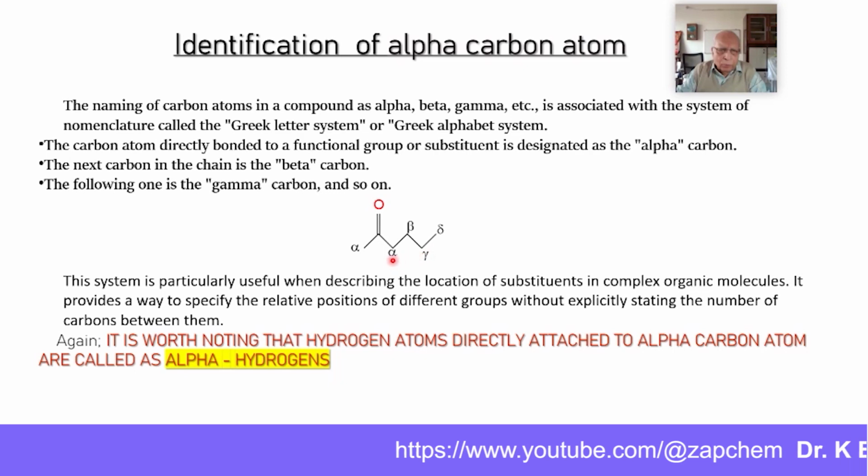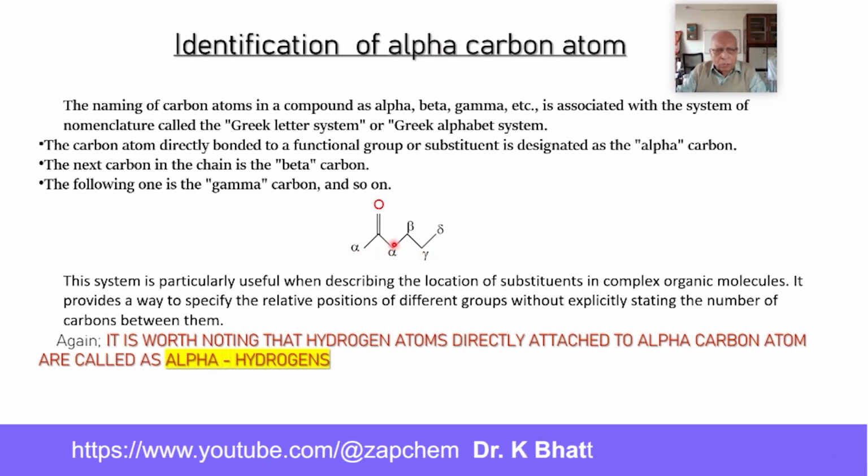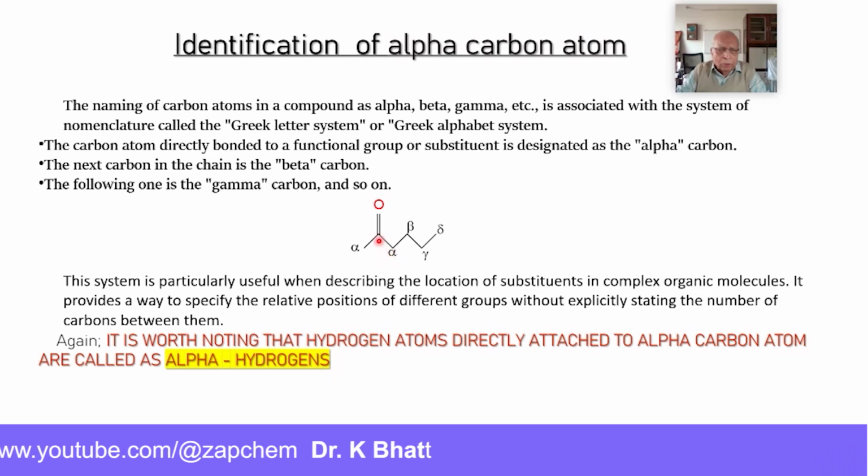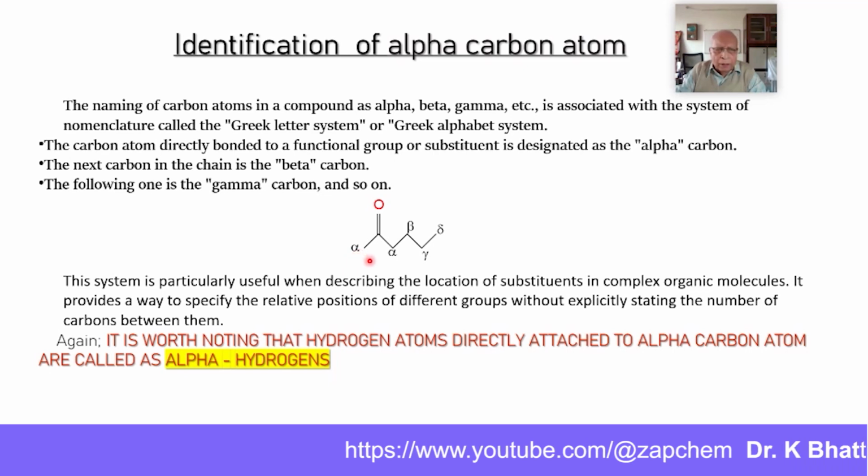Next is beta. And if there are two similar carbon atoms relative to the functional group, as is the case here, we can mark them as alpha and alpha dash. Both are alpha carbon atoms; just to differentiate, we mark one as alpha and the other as alpha dash.